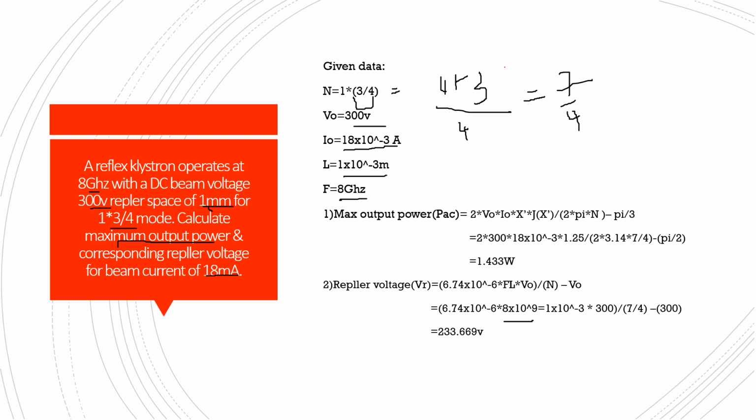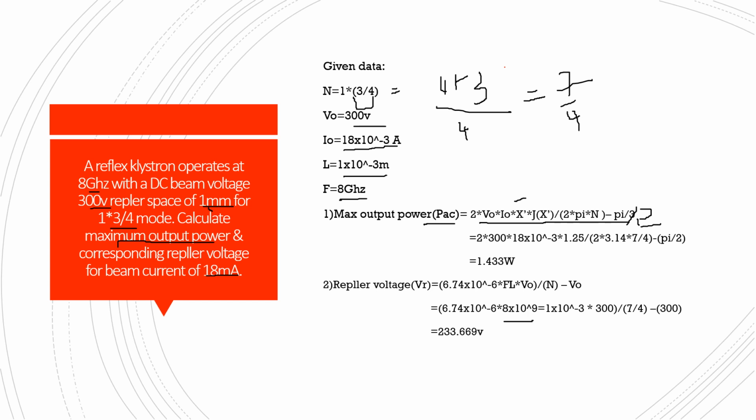First, we need to calculate the maximum output power. Maximum output power is also known as PAC, as you have seen in the previous numerical, and the formula is the same: 2 into V naught into I naught into X bar into J of X bar, all divided by 2 into pi into n minus pi by 2.